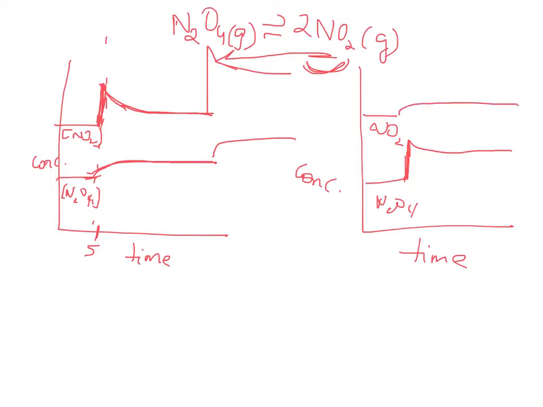So the idea is still the same. It's going to be a new equilibrium that's going to be reset at a new time, unlike what it was prior to. So realize new concentrations, new time, new equilibrium will be set for this new scenario.